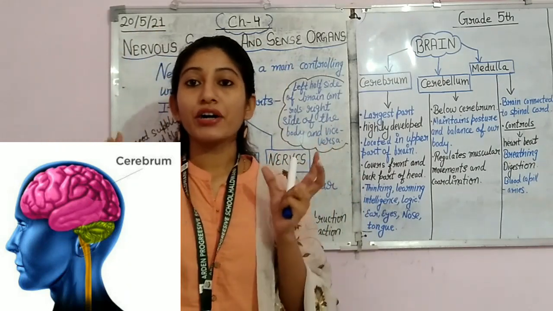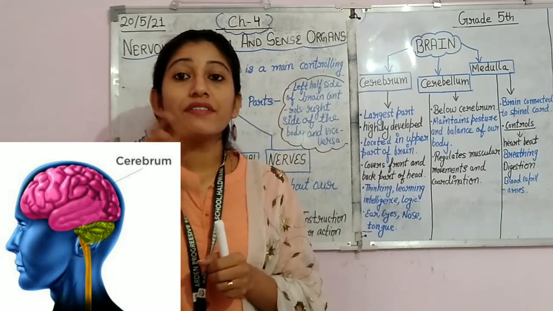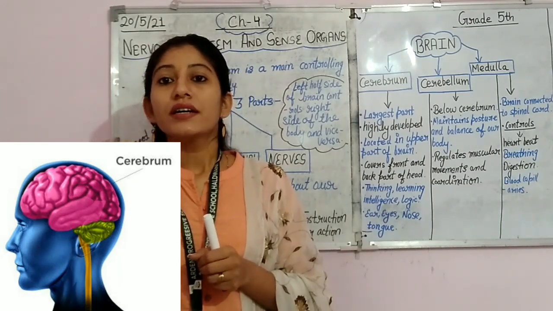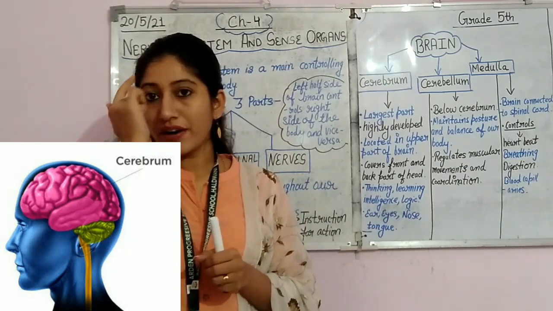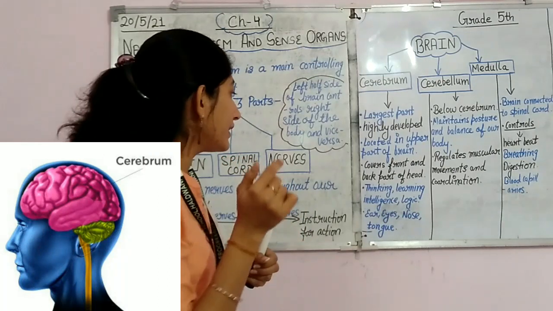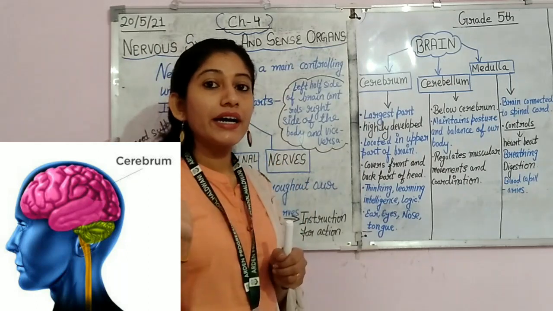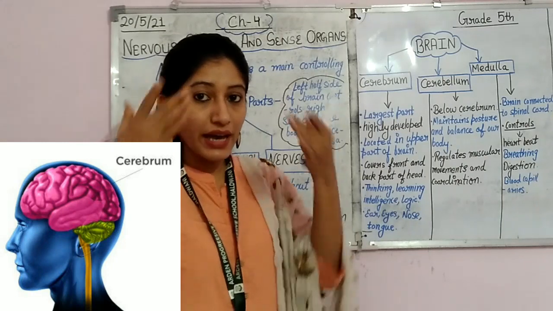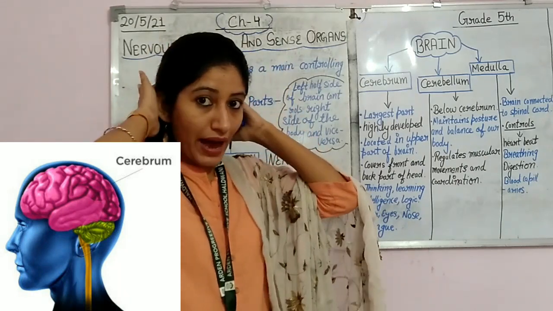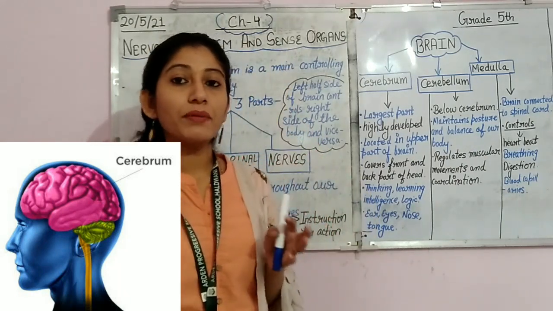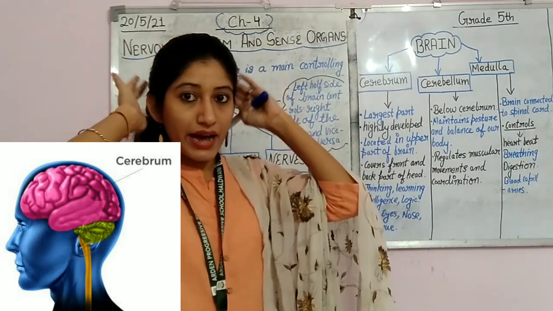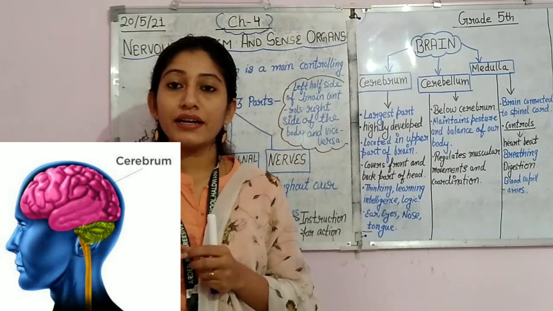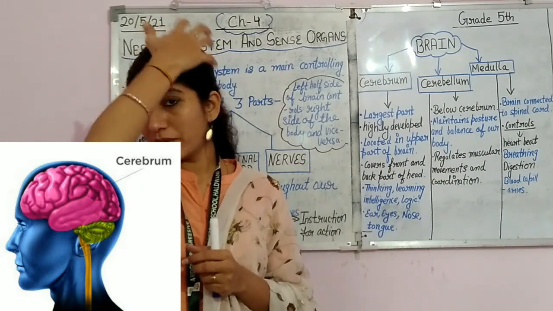It is in the front side of the head and the back part of the head. If we compare according to the head, which area does it cover? Front head and the back head. This cerebrum portion covers the front head as well as the back head. And if we talk about the brain, it covers all the upper part of the brain.